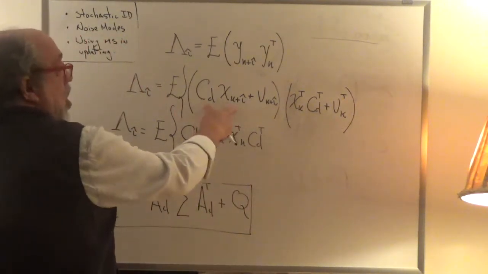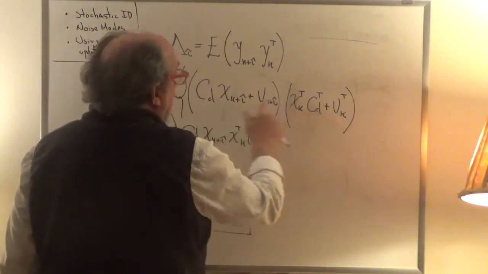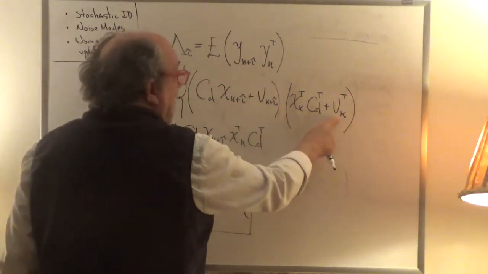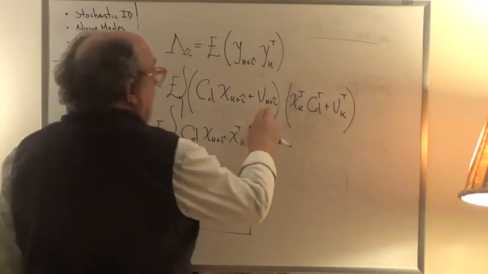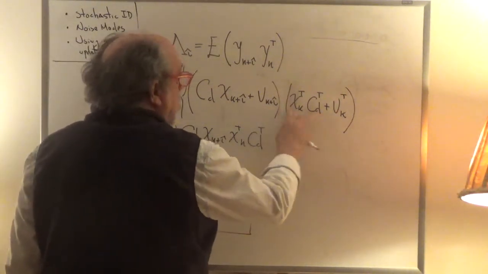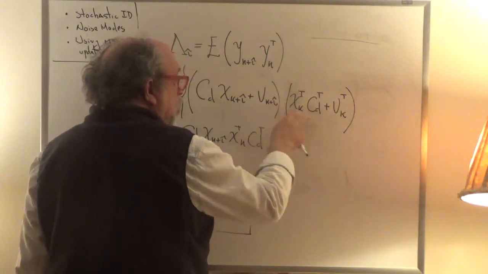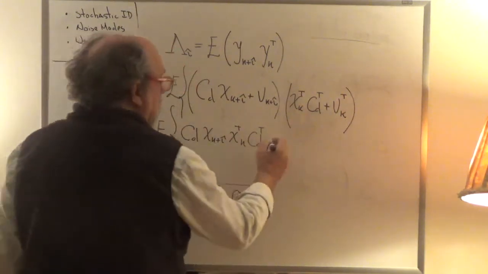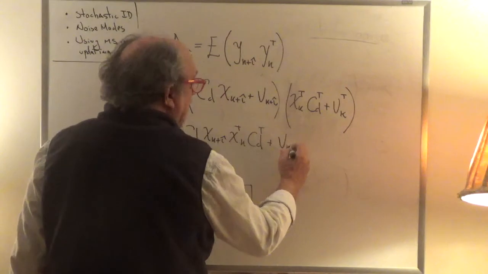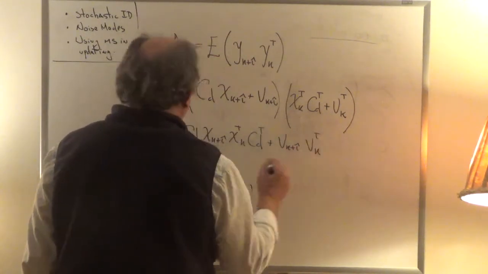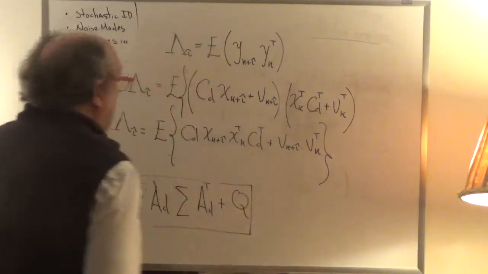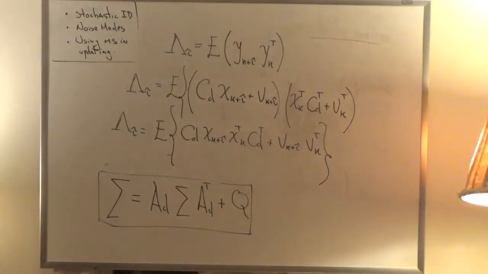Then this term times Vk, the xk plus I, Vk are uncorrelated, and that goes away. Then the Vk plus I times this term, because this is white noise, uncorrelated. And so we have here Vk plus I times Vk transpose, and I can close the bracket. So that's really what we have at this point.